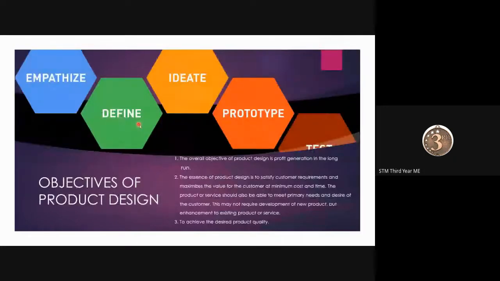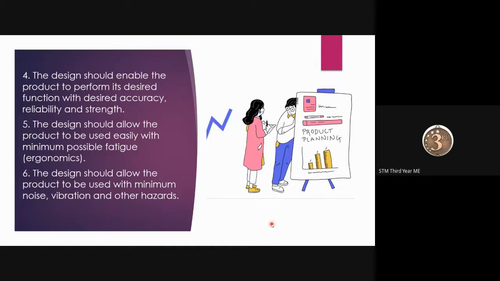The first one was profit generation. Second was satisfy customer requirements. Third was desired product quality. Fourth was to perform the desired function with the desired accuracy, reliability, and strength.